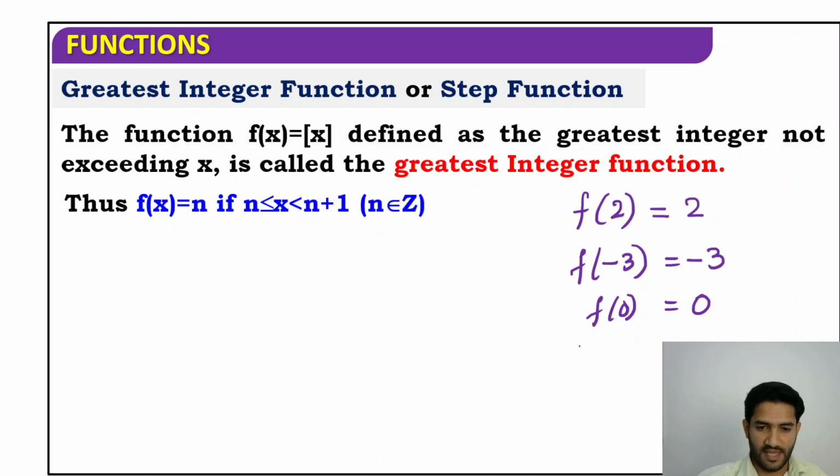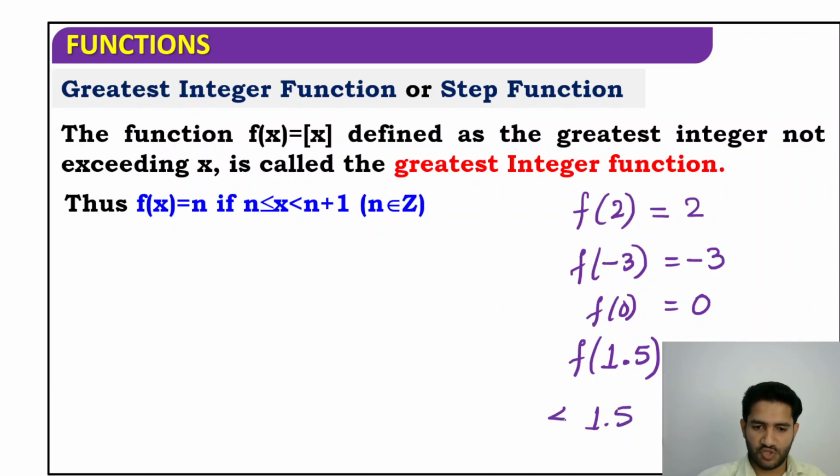Now the problem is, what will happen for f of 1.5? Clearly 1.5 is not an integer. So what will be the function value of 1.5? Look at the definition. f of x equal to n if n is less than or equal to x less than n plus 1. So 1.5, this is the x.